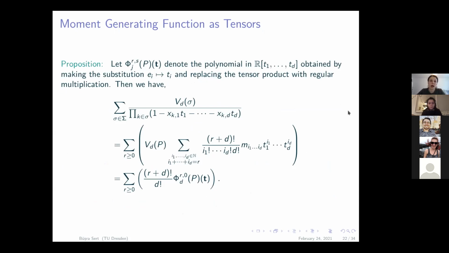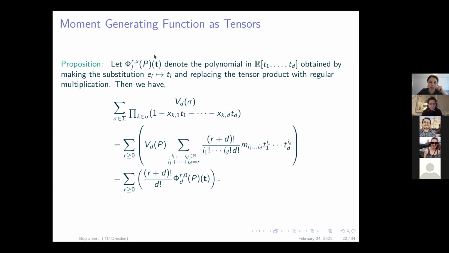Now, we said that we can write the Minkowski tensors by using the generating function. Now we actually do it the other way around: we write the generating function in terms of the Minkowski tensor.